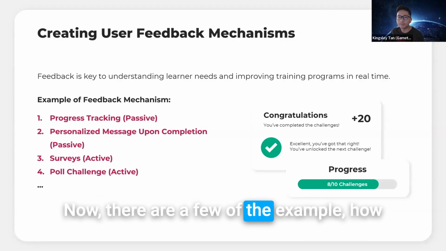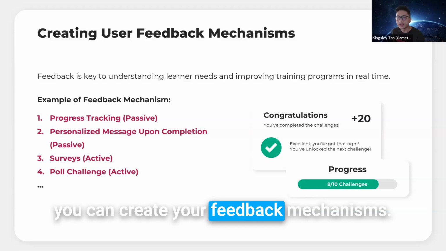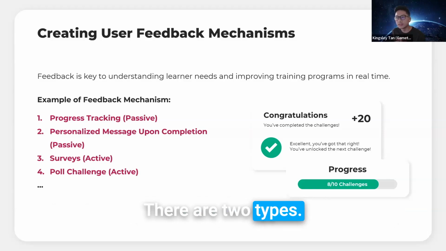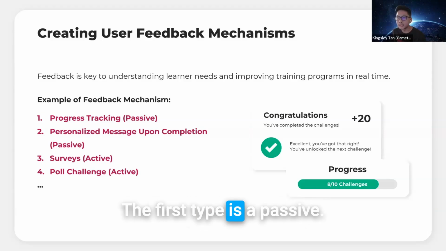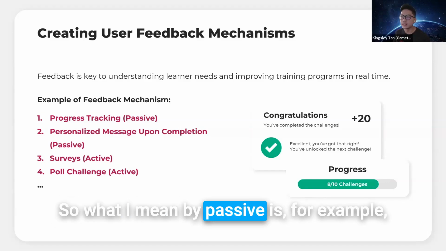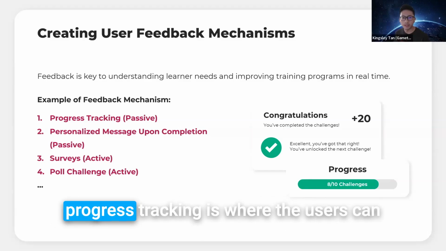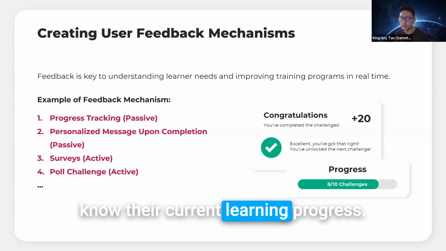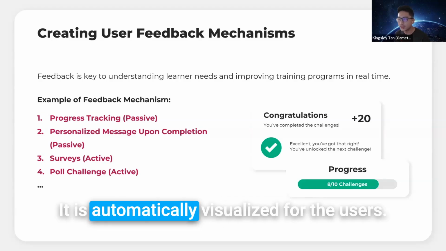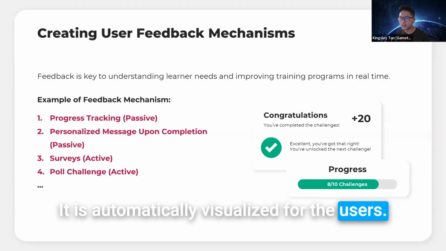Now, there are a few examples of how you can create your feedback mechanisms. There are two types. The first type is passive. By passive, I mean, for example, progress tracking, where the users can know their current learning progress. It is automatically visualized for the users.